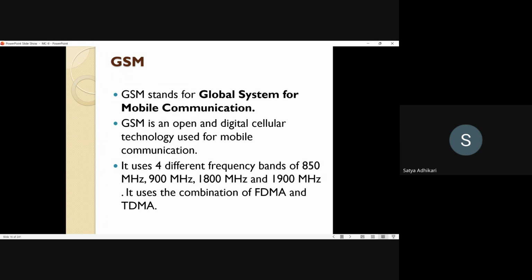So basically, it is TDM based, but it uses some part combination of FDMA, where the band is divided into different frequencies. You see, 850, 900, 1800, 1900. So GSM uses the combination of both FDMA and TDMA.